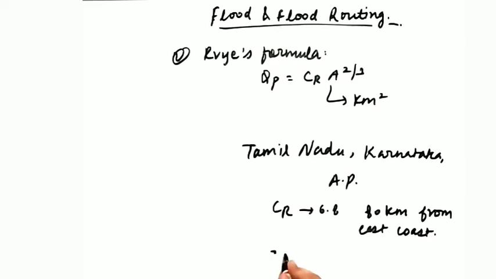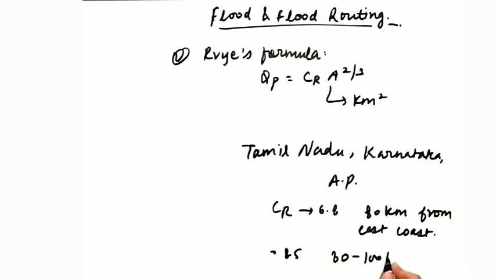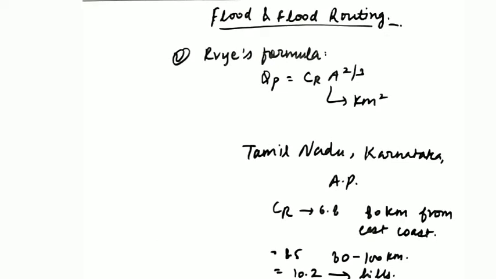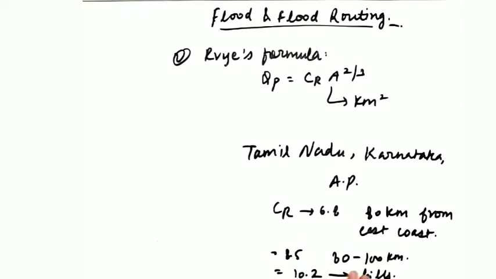It can be 8.5 for areas that are 80 to 100 kilometers from the east coast, and this value is 10.2 for limited areas near the hills. If the area lies near the hills, then the value of CR will be 10.2. If the area is within 80 kilometers of the eastern coast, then the value will be 6.8. And if it is 80 to 100 kilometers from the eastern coast, then the value of CR will be 8.5.